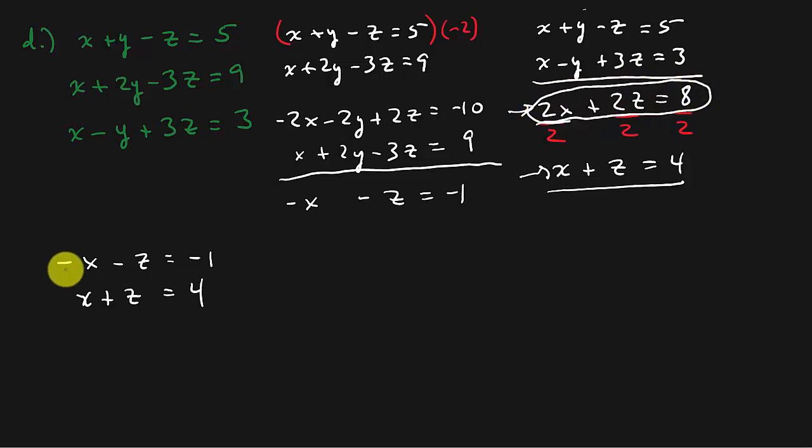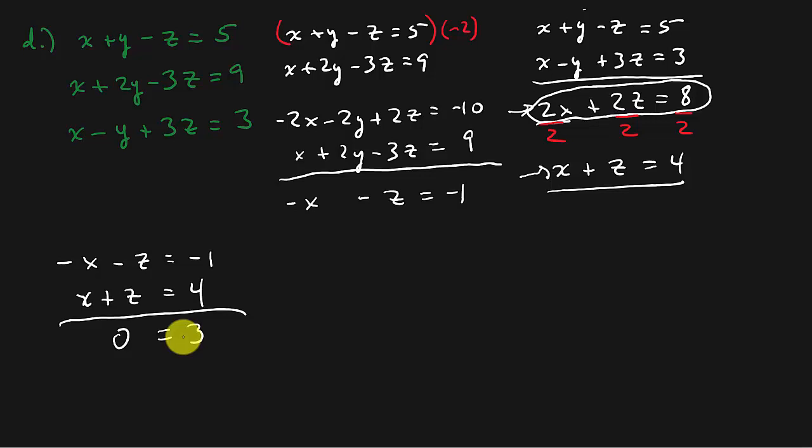You'll have to multiply this first equation by 2 to get rid of the x there. But here I've got negative x and x, and I just add them and the x's go out. But not only do the x's go out, but also the z value goes out.